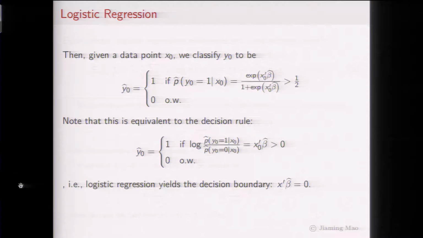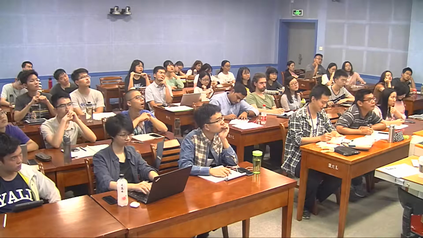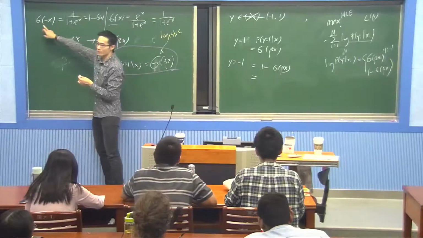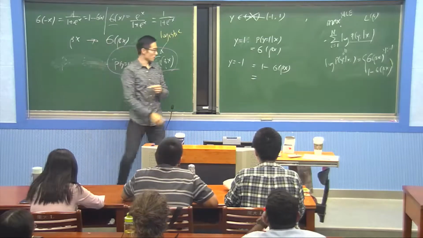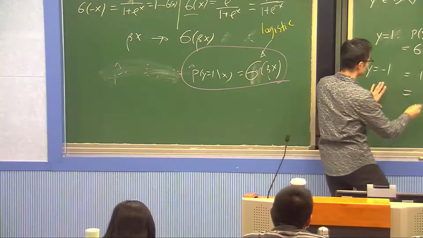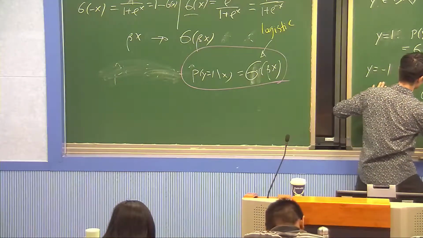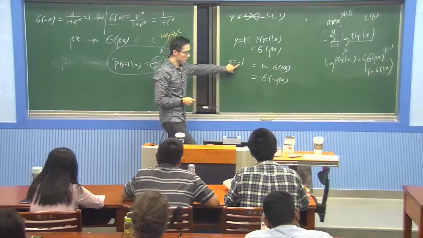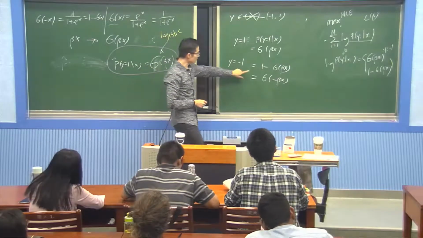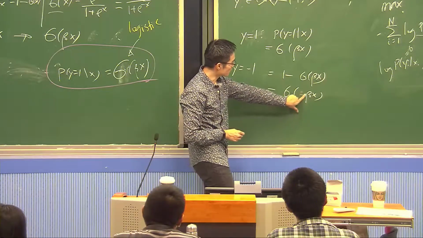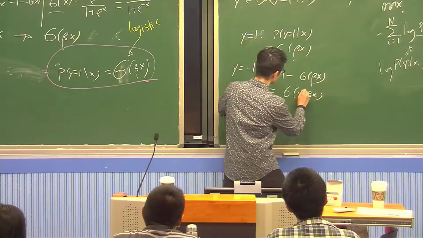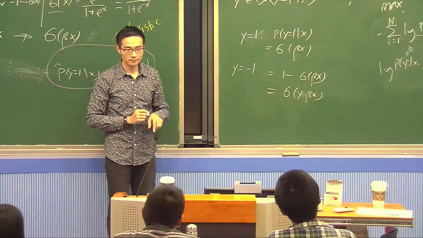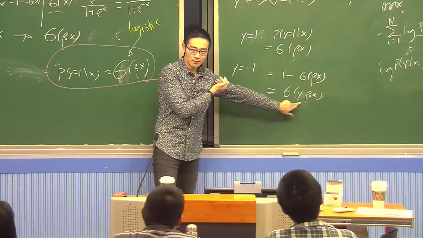However, recall we have this property that 1 minus sigmoid x is equal to sigmoid minus x. So I can write this as sigmoid minus beta x. But now y is minus 1, so I can write this as beta x times y. Y is minus 1, it's minus.